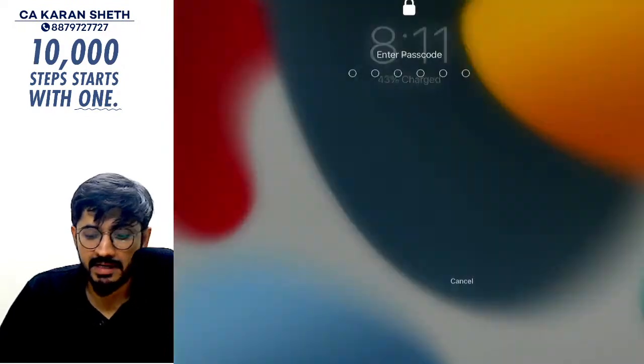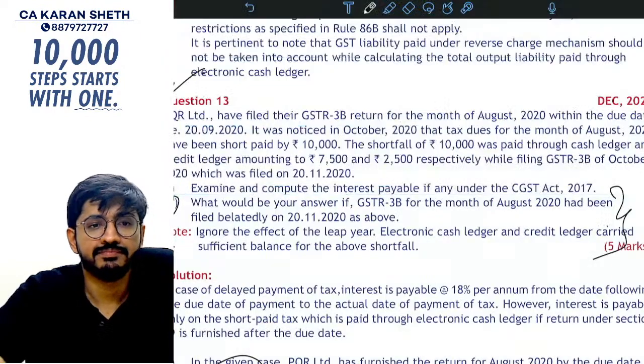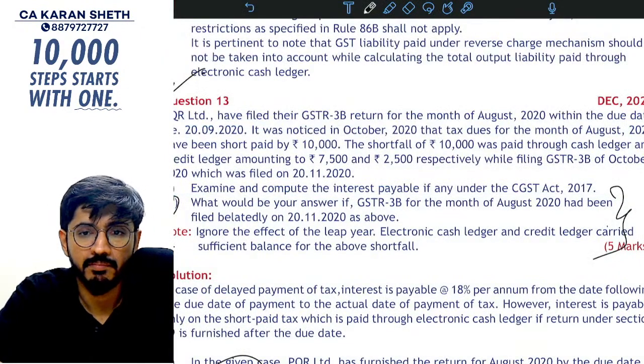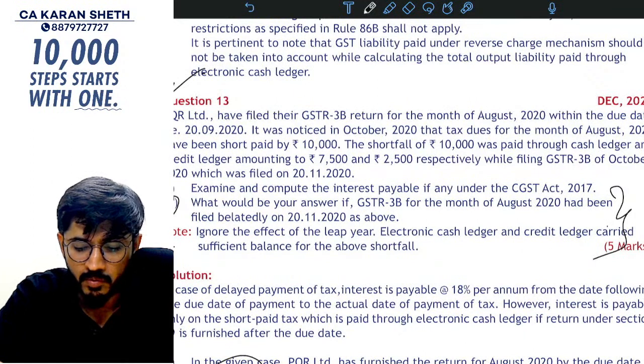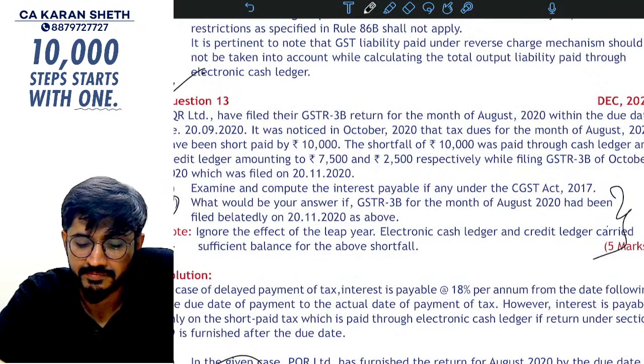Tell me. Public, Kesarla, Bala, Lakshmi, Ganga, Sneha. Tell me. What is the amount? 10,000, 7,500 or 2,500? What?